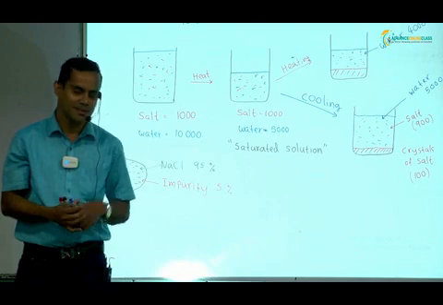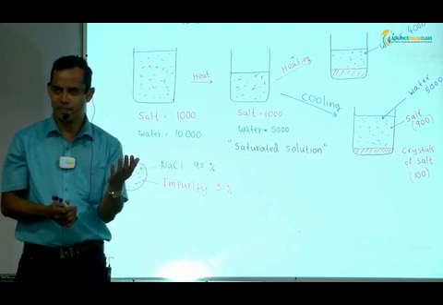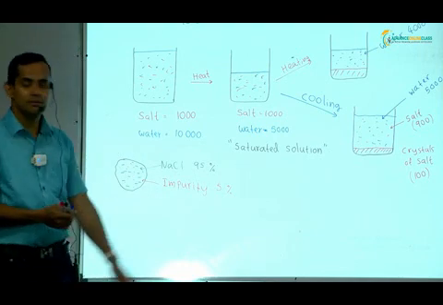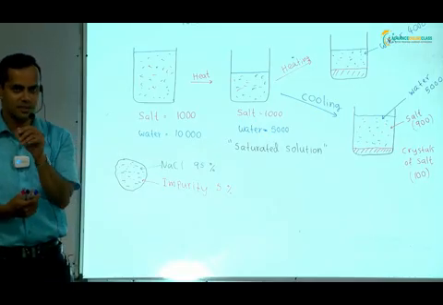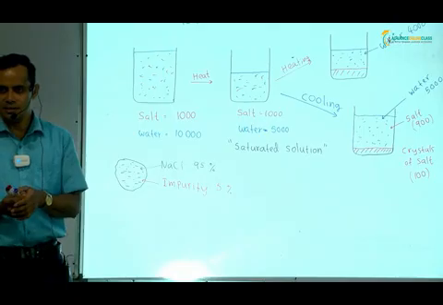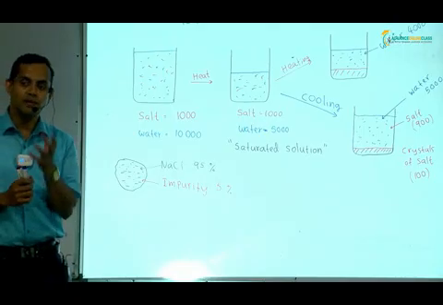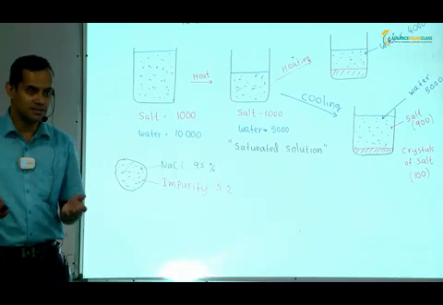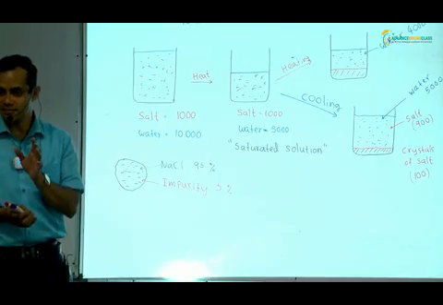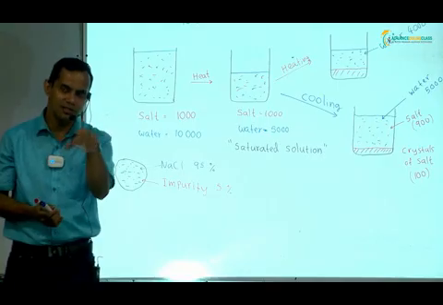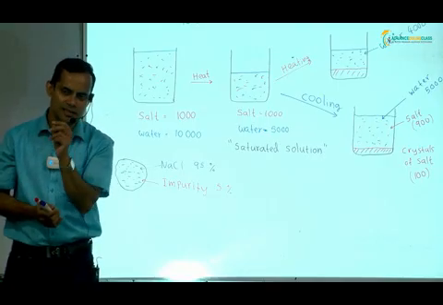Once again, these crystals have two things. One is what we want, say 95%. One is what we don't want, impurities, say 5%. 5% means nothing. Like say you get 5 marks for science, that's 5%. So in this saturated solution also, impurities are very little.